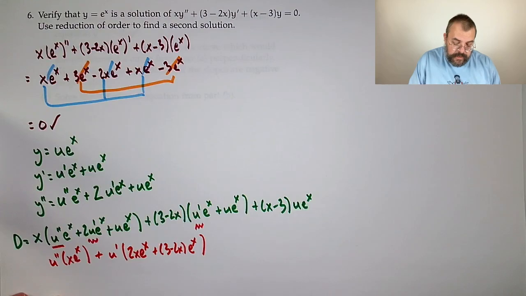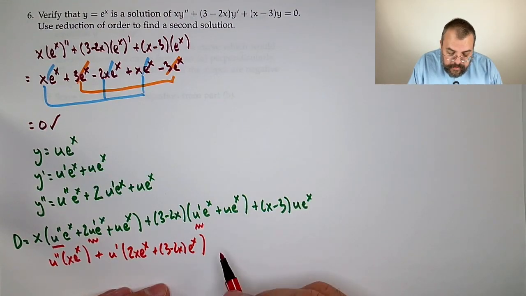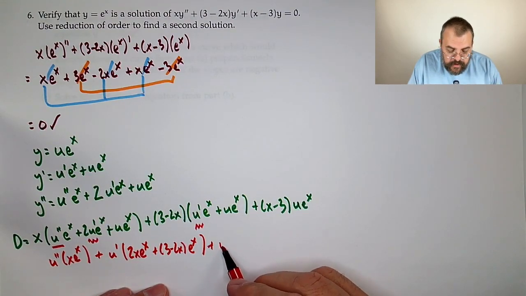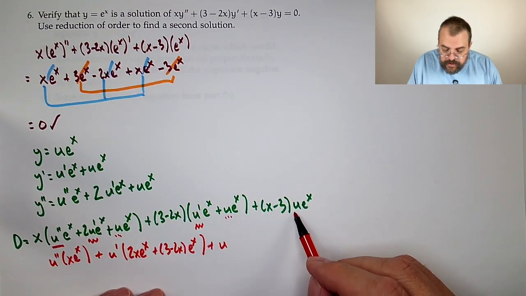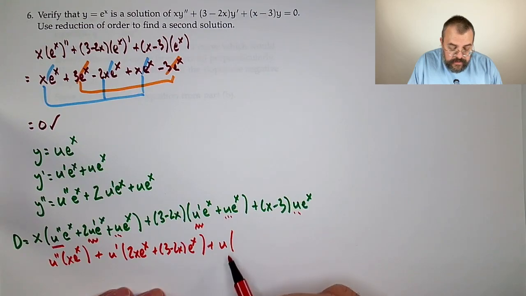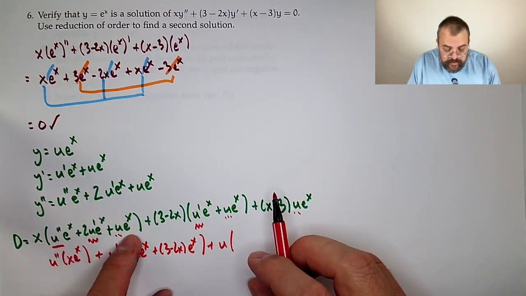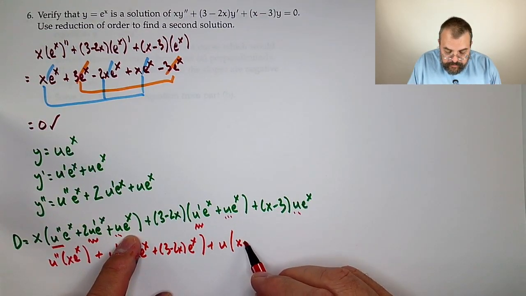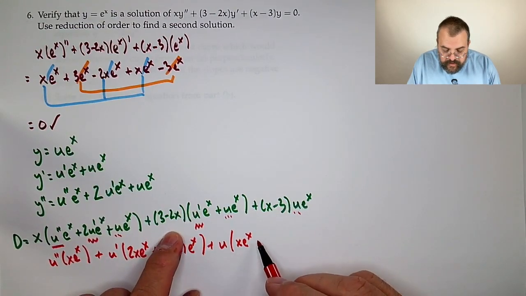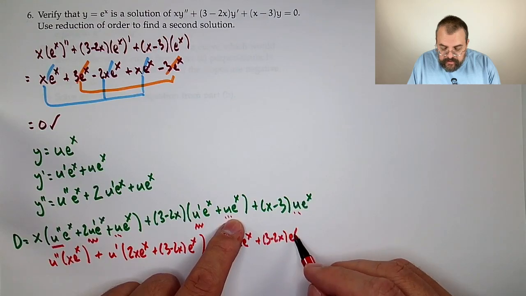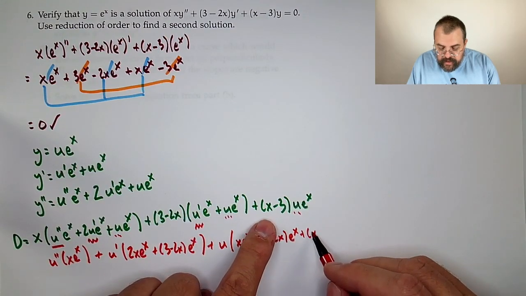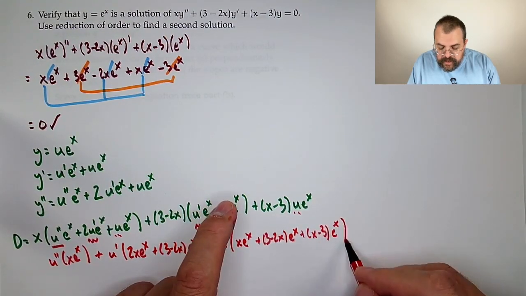Okay. And then, finally, the u's. All right, so there's 3 places where u shows up. And if you go through, we have an x e to the x plus 3 minus 2x times e to the x plus x minus 3 times e to the x.